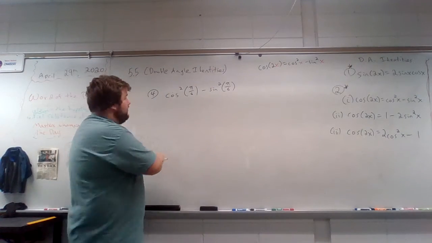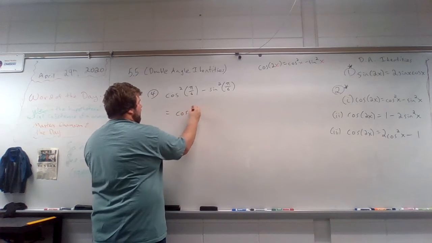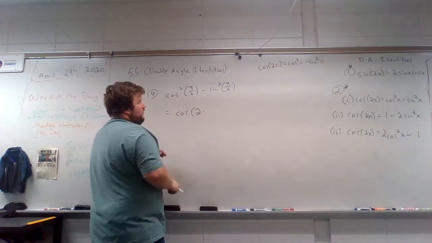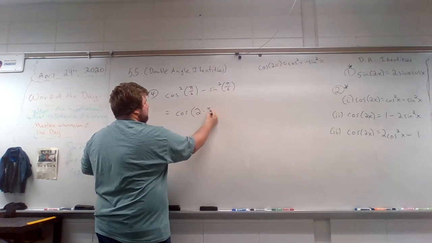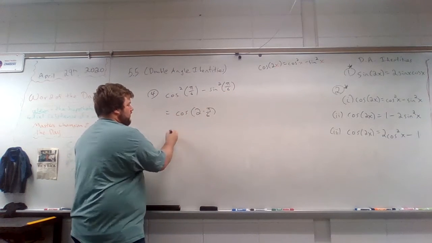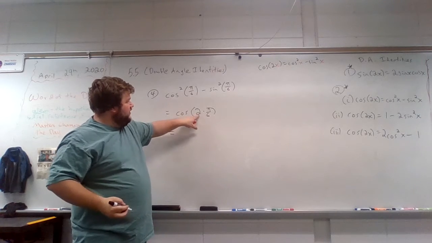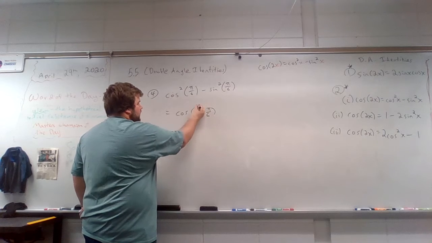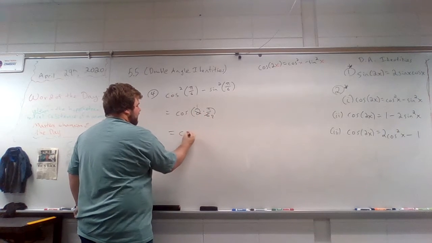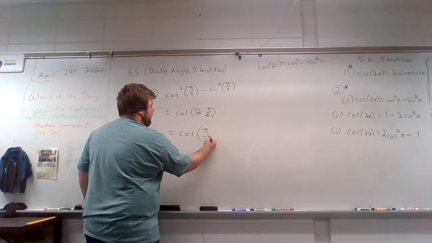Right, so when we substitute this guy in, this is really going to be cosine of 2 times pi over 6, because that's what x is in that case, right? And then 2 times pi over 6, 2 over 6 is 1/3. So really we have cosine of pi over 3, right?